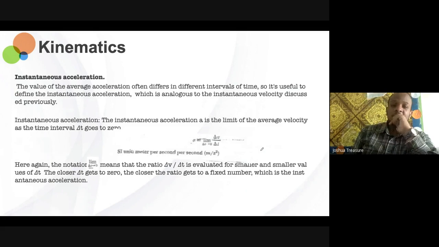Okay, now move on to instantaneous acceleration. Remember we spoke about instantaneous velocity.